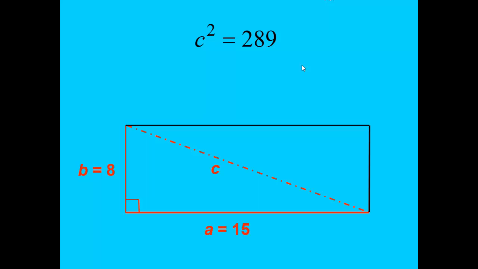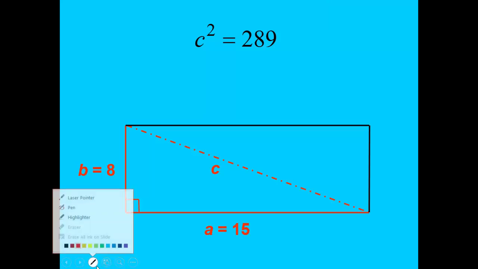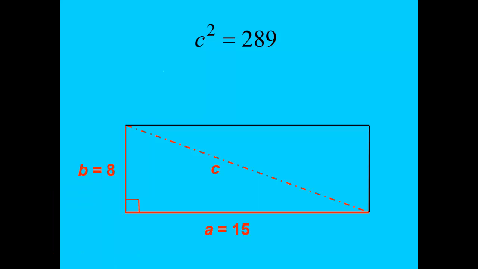Now for the tricky part. How can we find out what c is? Well, what c squared means, remember guys, I'm terrible with this, I've got to get a stylus, is the same thing as c times c equals 289.